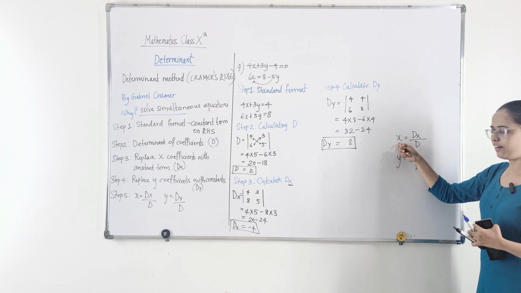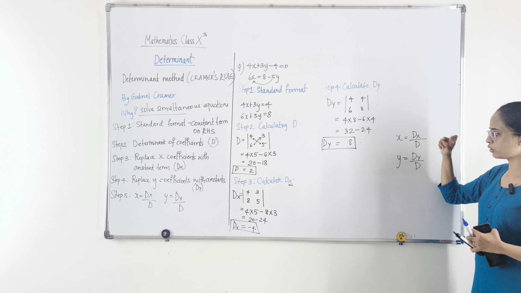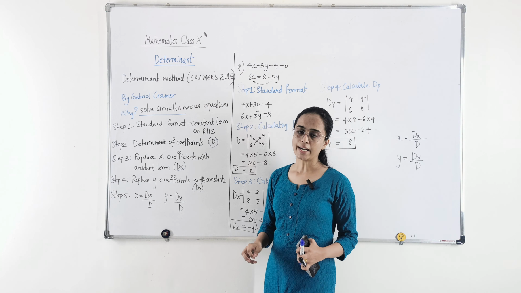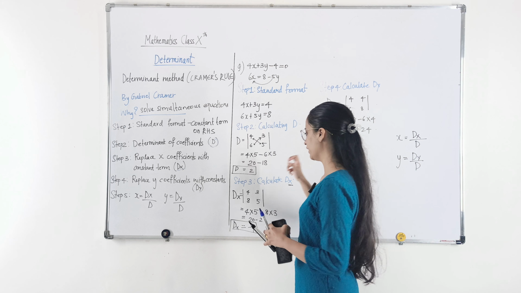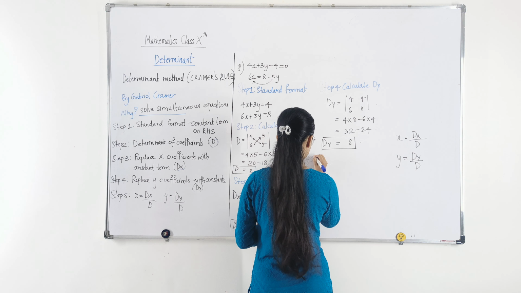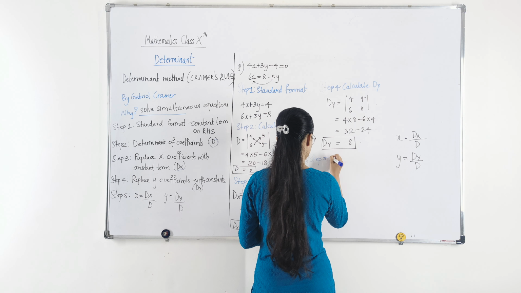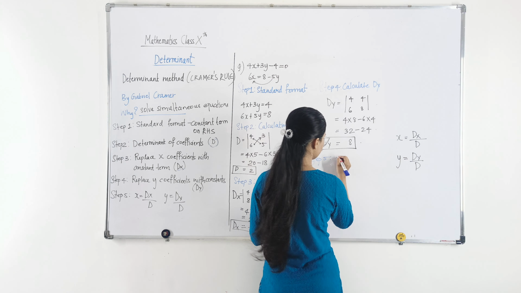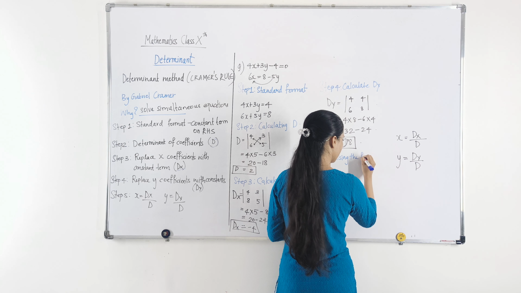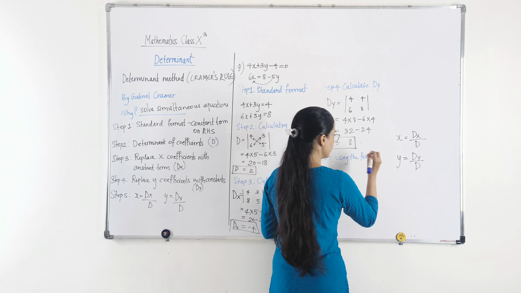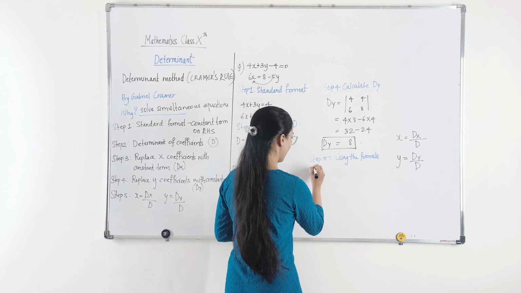So if you want to get the value of small x, you are supposed to take the ratio of dx and d, and if you want to find the value of y, you have to take the ratio of dy and d. So step number 5 in this case is using the formulas that we know, right?